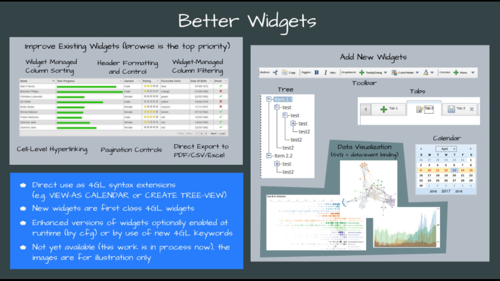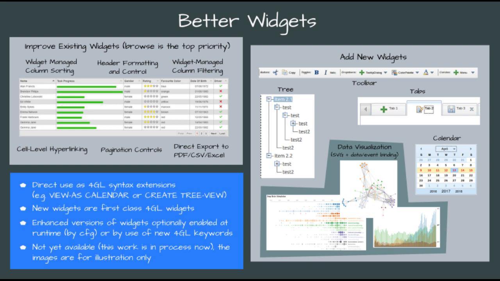Well, that's not necessary if the widget itself can do column filtering and column sorting. We're also going to give you new controls over the headers, and the ability to hyperlink a particular column. So you change the column definition to have a hyperlink keyword and you give it an event name, and when the user clicks on a hyperlink in that column, it will publish that event and pass the column value, the self value, to it.